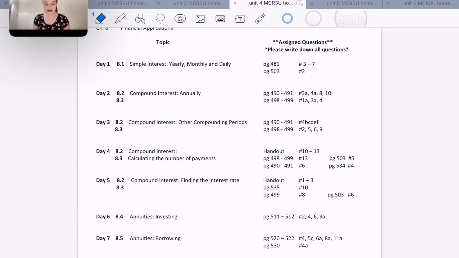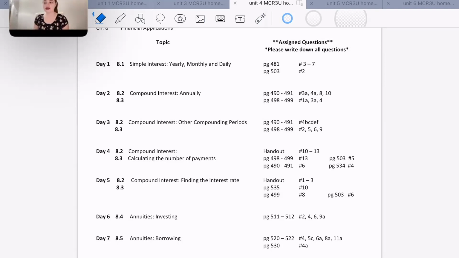Simple interest is when we only owe interest on the principal, so the initial money we took out. So for example, let's say I borrow $1,000. I'm going to owe an interest rate only on that $1,000. Whereas with compound interest, let's say I borrow that same $1,000, first I'm going to owe interest on just that $1,000, but then next time I'm going to owe interest on that $1,000 and the interest from the previous time.